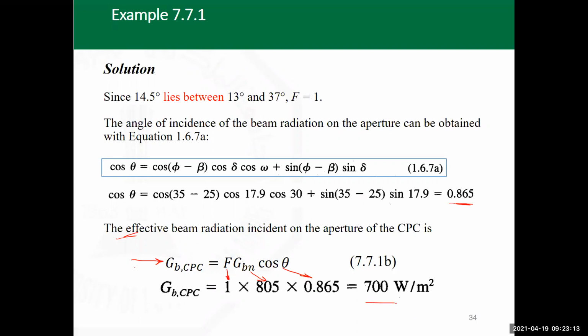Accordingly, the beam radiation falling into the collector is 700 watts per square meter. Definitely you can repeat the example for any day, for any hour of the day, for any latitude angle phi, and for any value of beta, the inclination to the horizontal.